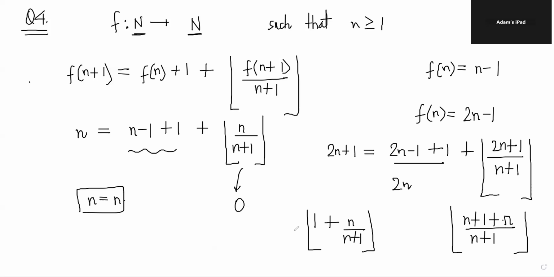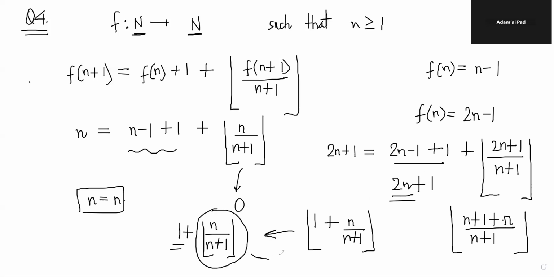So that can be written as 1 plus the fractional part of n by n plus 1. So 2n is already there. You get a 1 from here. So 2n plus 1 is coming, and this fractional part is always 0. So this satisfies.